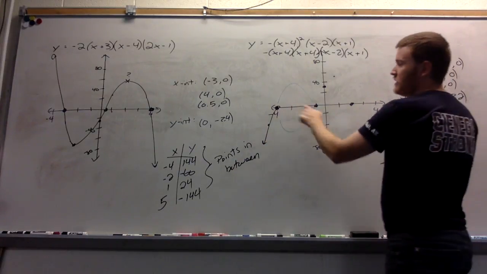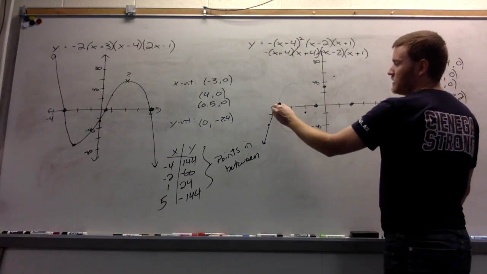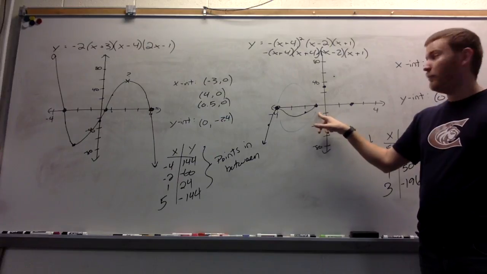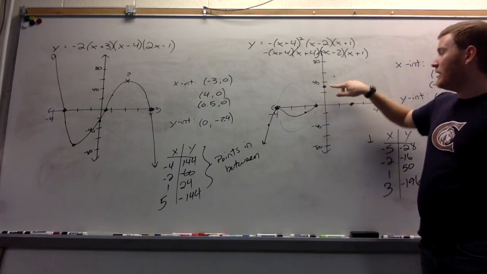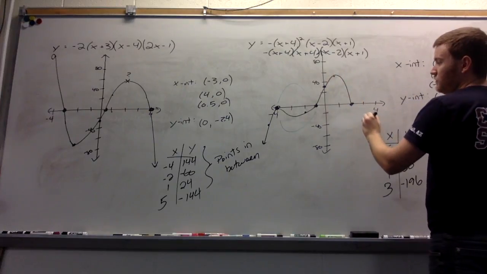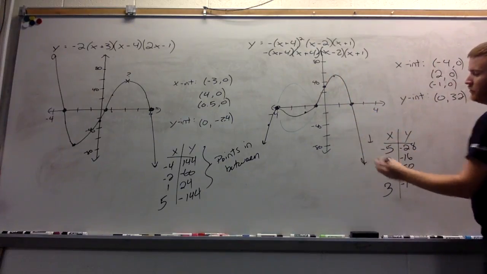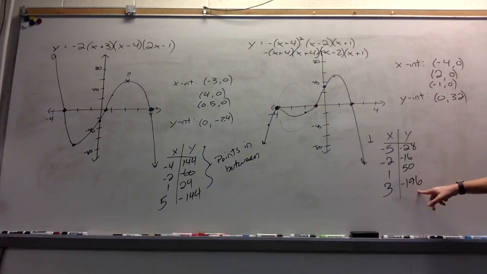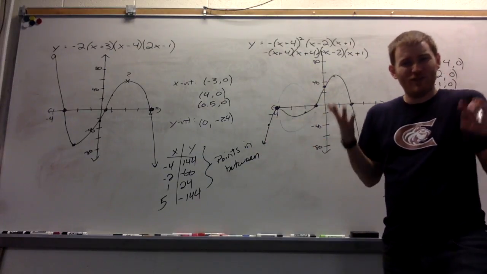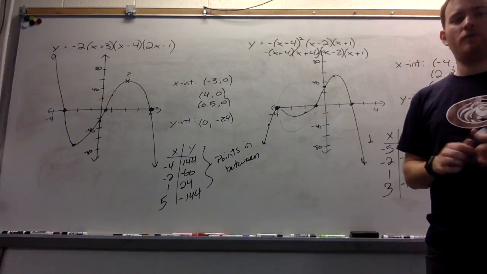I know that in between these 2 x-intercepts, my graph goes down because it's in between, and that's where my point goes. From there, my next couple of points are up, so I'm going to go up to connect the next 2, and my next one's going down because I need to go all the way down to -196. And that gives me a direction of my graph by just following these couple of points that I've graphed.